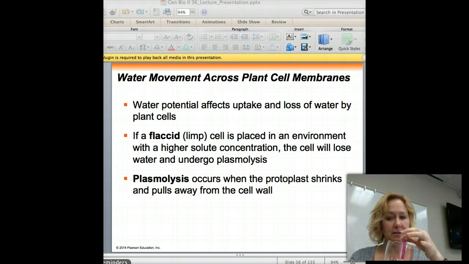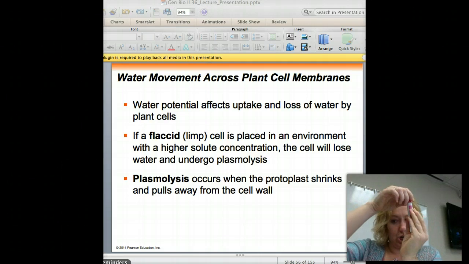The inside is a low concentration. It's going to rush out of my marker into my beaker, and it's going to make it limp. It's going to shrivel up. If that makes sense. I don't know if the beaker actually helped there. So you have a beaker, you have something in it, like a marker.